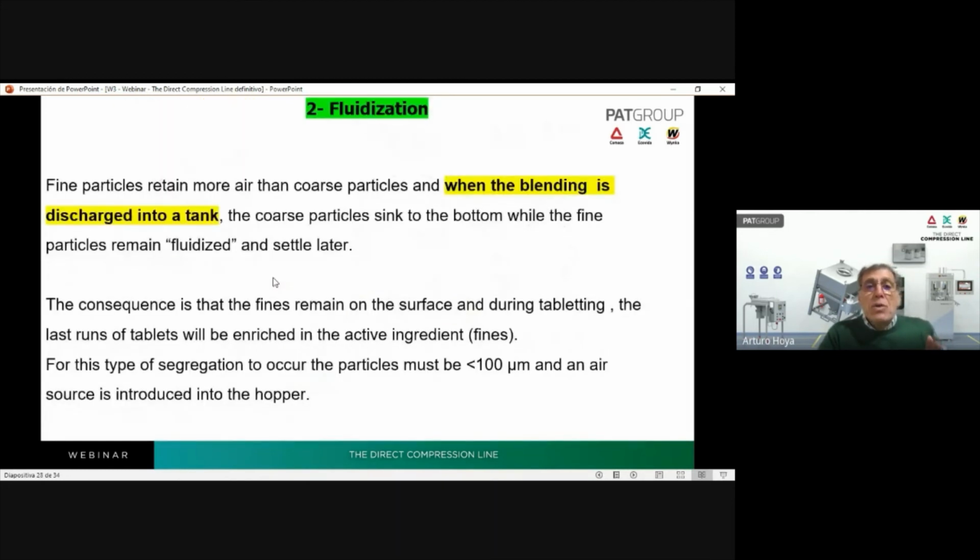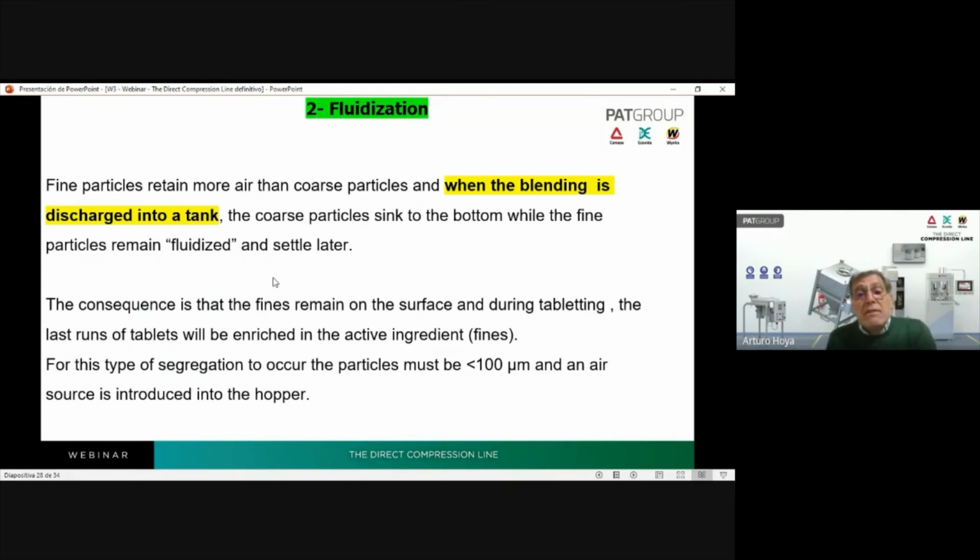Now I will show you the other segregation type, which is fluidization. The fine particles retain more air than the coarse particles, because the fine particles have a big total specific area. And when the blend is discharged in the tank, the coarse particles sink to the bottom, while the fine particles remain fluidized and settle, but later.